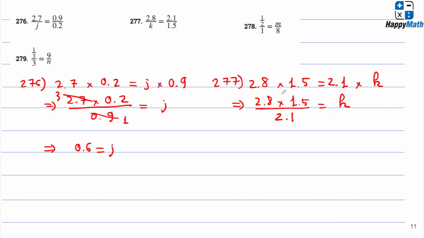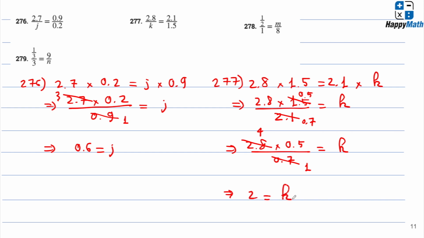Simplify by 3. 1.5 divided by 3, 0.5, and 2.1 divided by 3, 0.7. So 2.8 times 0.5, and here is 0.7. Simplify one more time here by 0.7, and here will be 4. So 2 will be equal to k, the final answer.